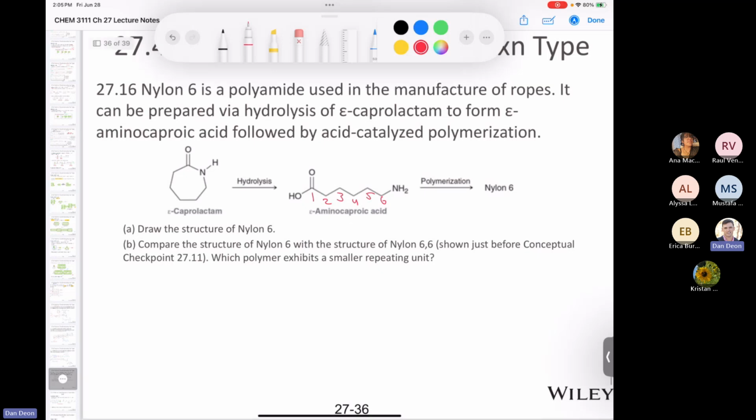Well, you can see here that we have the carboxyl end here, and then we also have the amino end.